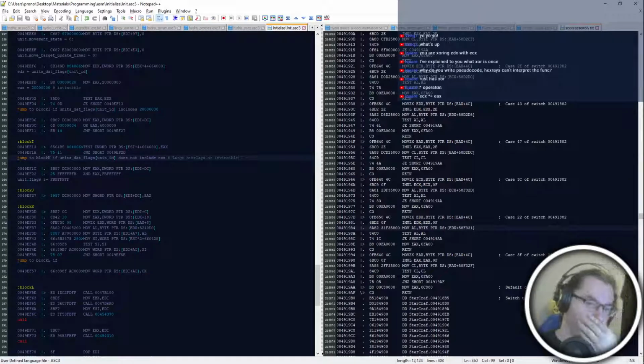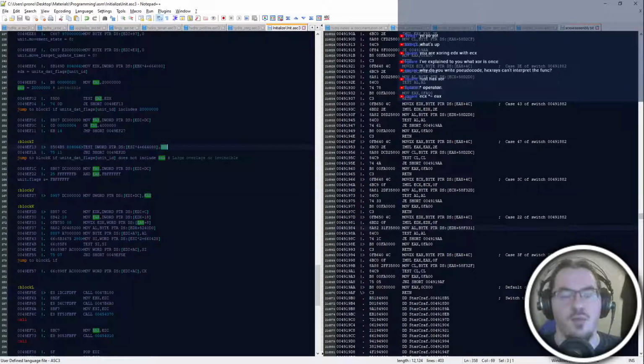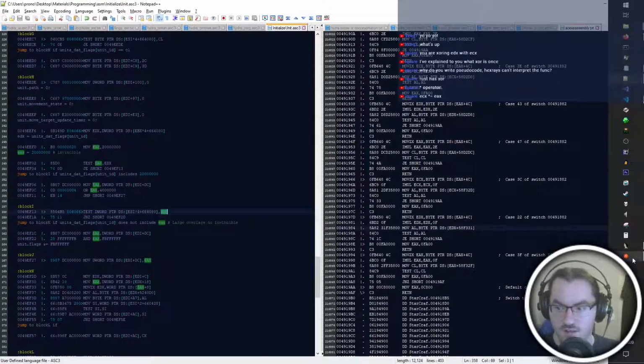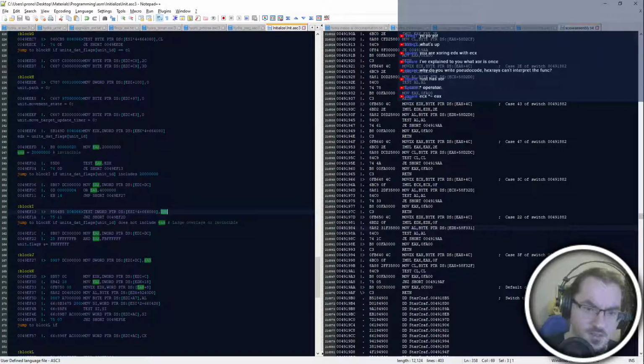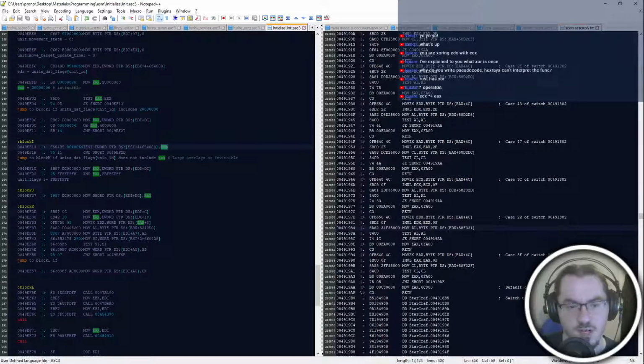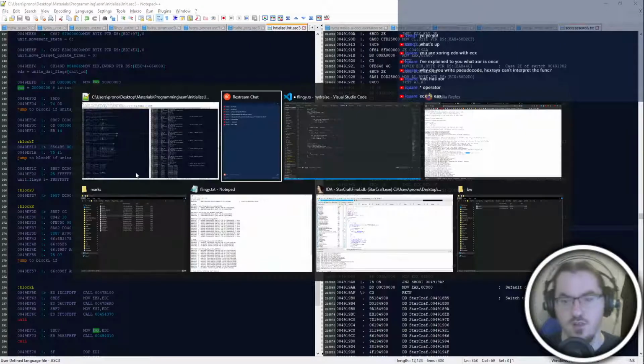Oh man, that's confusing. I don't know how to translate this very well into object-oriented code, because it's mostly just all the jumping. Like, good luck.